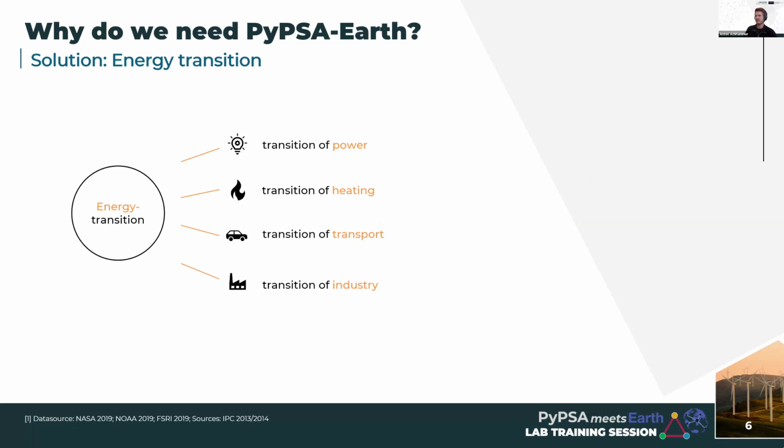And before lunch, we took especially a look into the power system. What we can do with PyPSA is also optimizing other sectors. So we can also optimize the heating sector, for example, or the transport sector. We can really analyze the whole energy system, not the power system only.